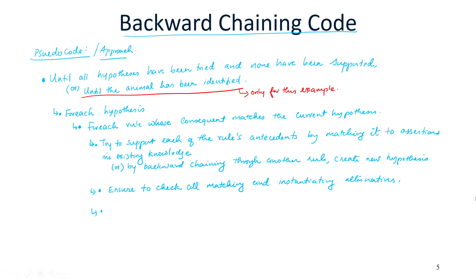Then finally, we say that if all the rule's antecedents, the conditions and requirements, that is the part in the if, are supported, announce success and conclude that the hypothesis is true.